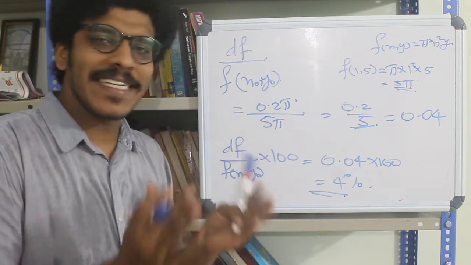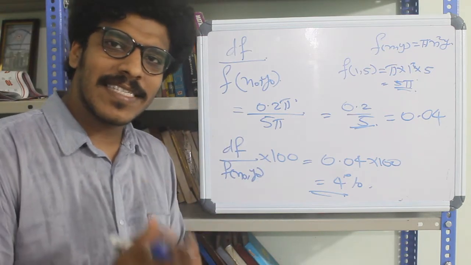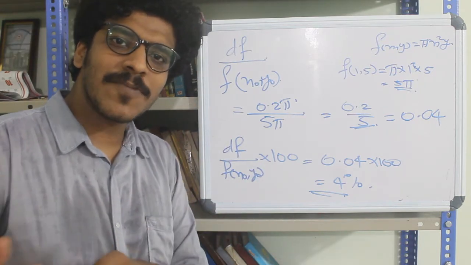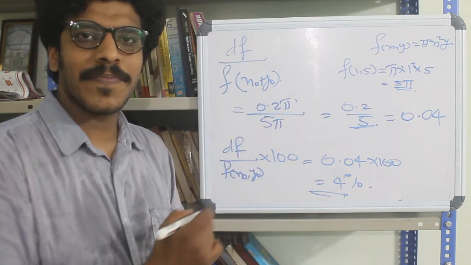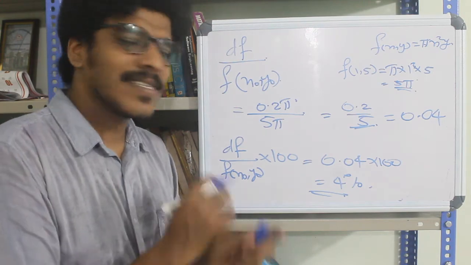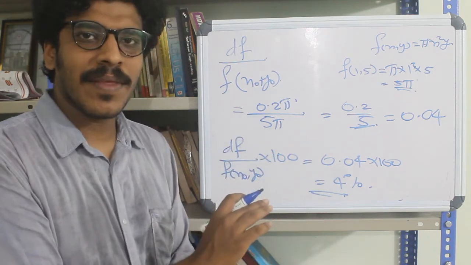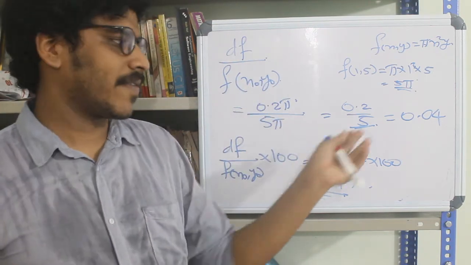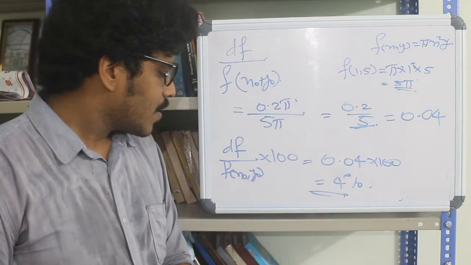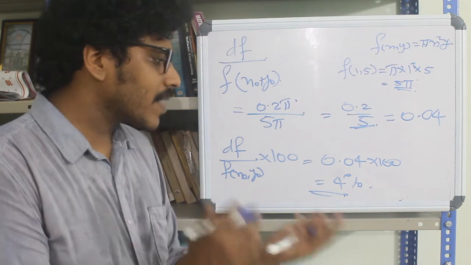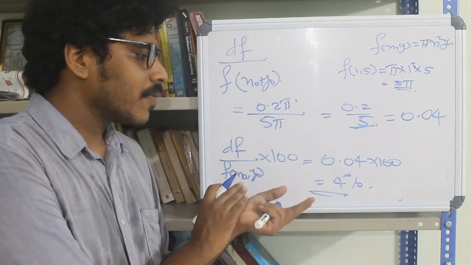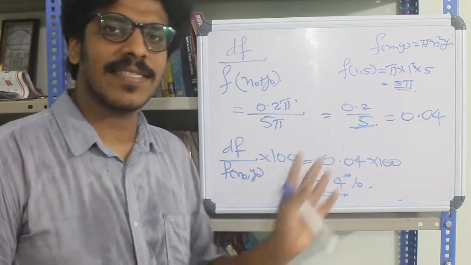So what does relative change mean? The change with respect to, or in relation to, the actual value. We express it as a ratio and then simplify it. Now, what is percentage change?